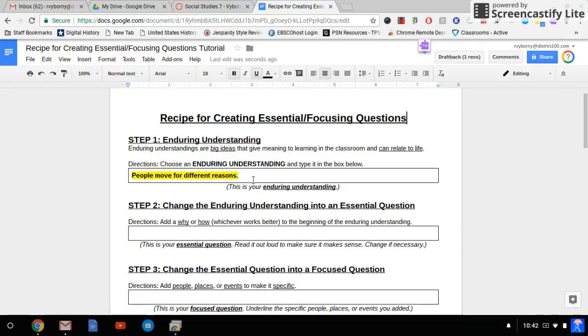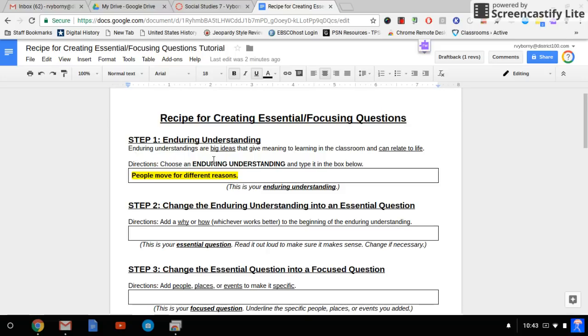People move for different reasons, which is what this one is here. People are affected by our environment, something along those lines. The one we went with today in class was this one: people move for different reasons. Remember, enduring understandings are big ideas that give meaning to learning in the classroom and can relate to life.